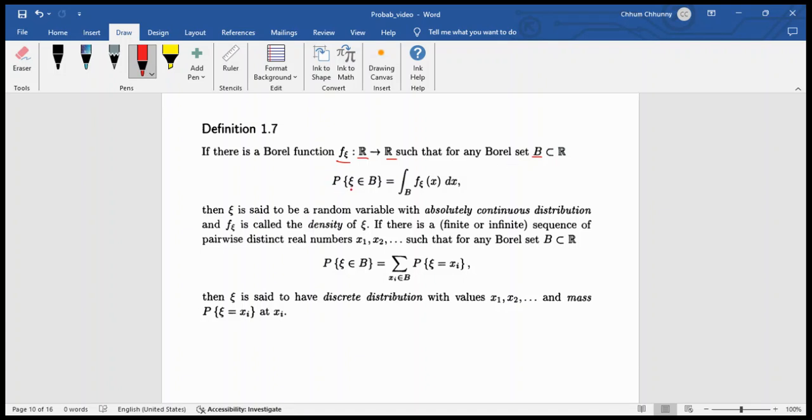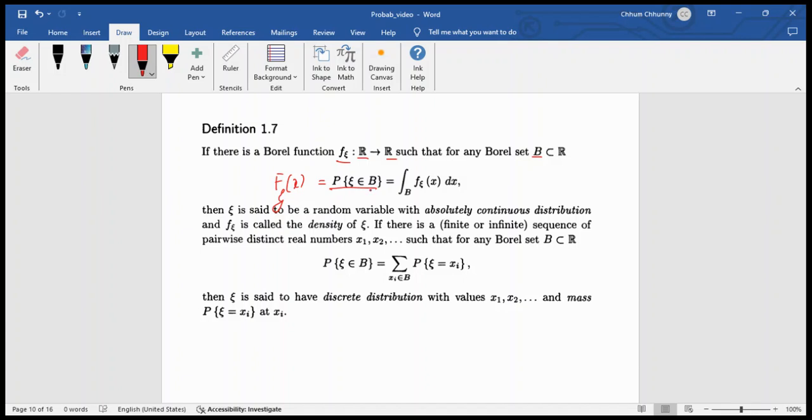the probability of the set {psi belongs to B}, which we know from the previous video is given by the distribution of the random variable psi, can be represented as the integral over B of the Borel function f_psi(x) dx.